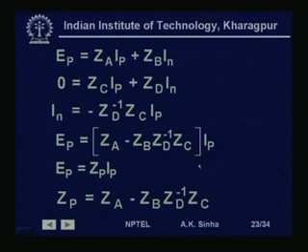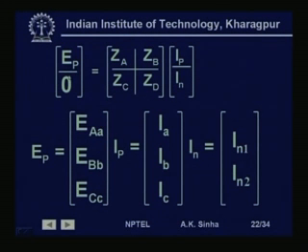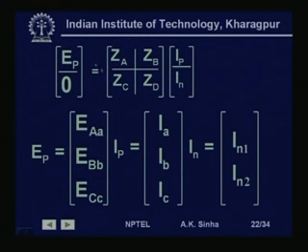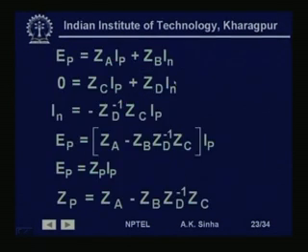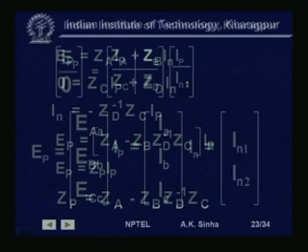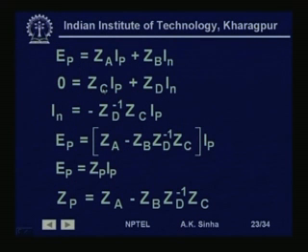Now, from this set of equations, we can write 2 separate sets of equations as Ep is equal to Za Ip plus Zb In. Similarly, 0 is equal to Zc into Ip plus Zd into In.